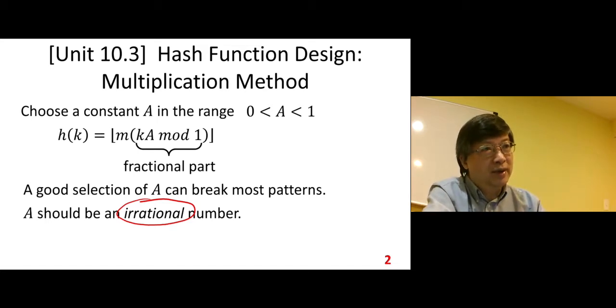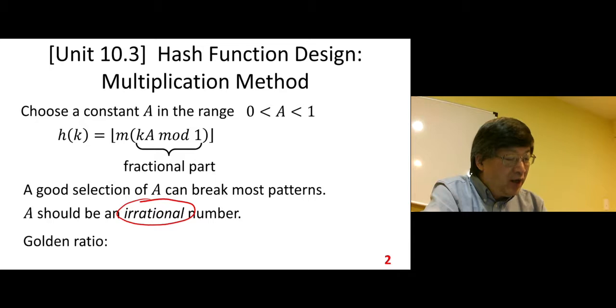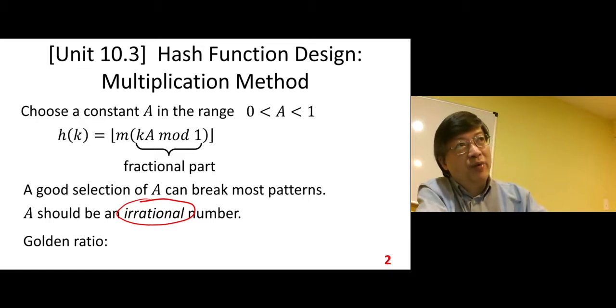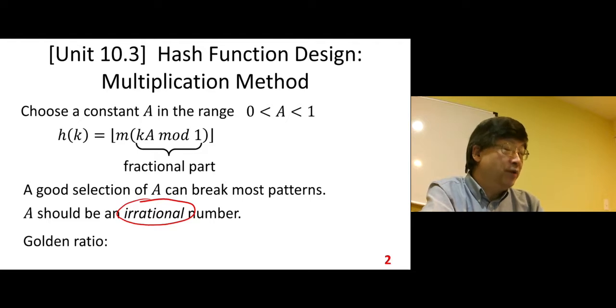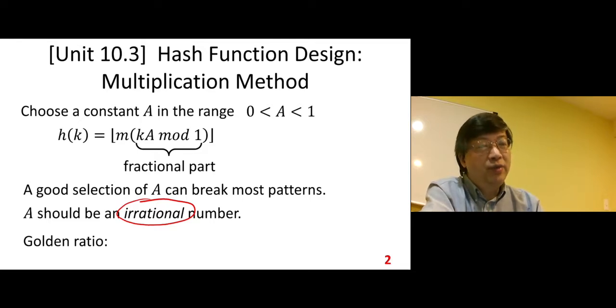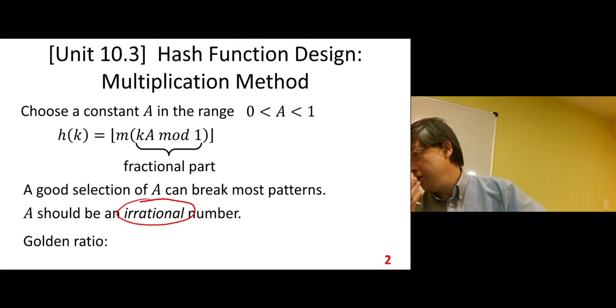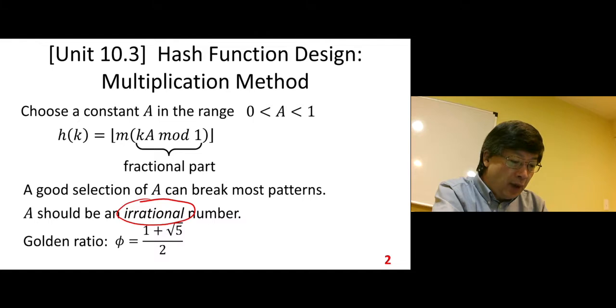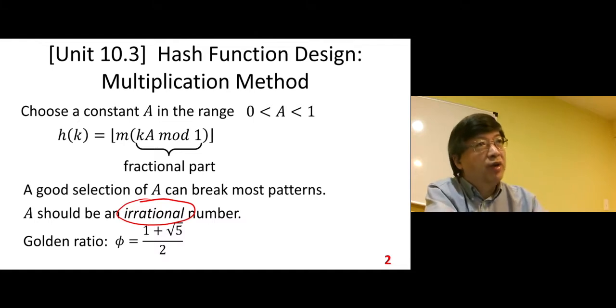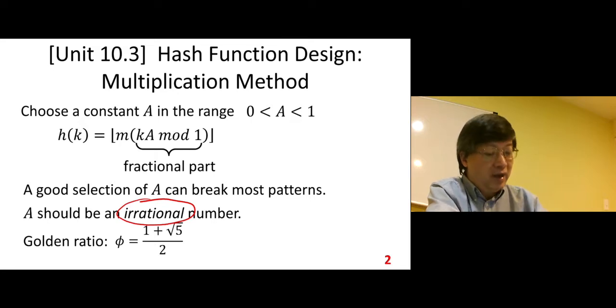But here, someone recommends the golden ratio. We're familiar with the golden ratio. The golden ratio is a good candidate. Phi equals 1 plus square root of 5, over 2.